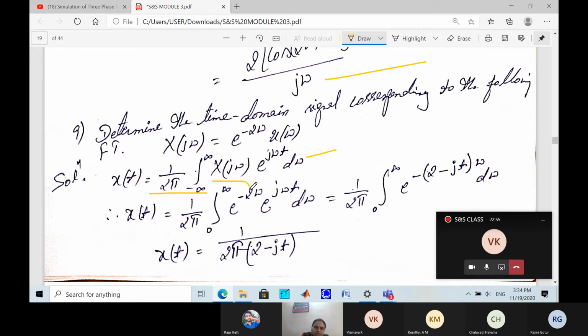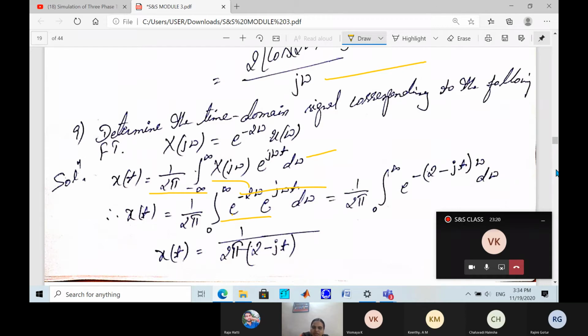Then substitute for X of j omega as e raised to -2 omega, e raised to j omega t into d omega. Then adding the powers for this, I'll be getting e power -2 minus j t into omega. Omega is varying, right?